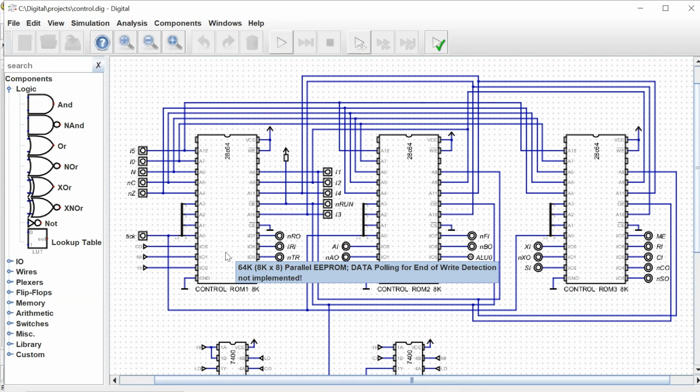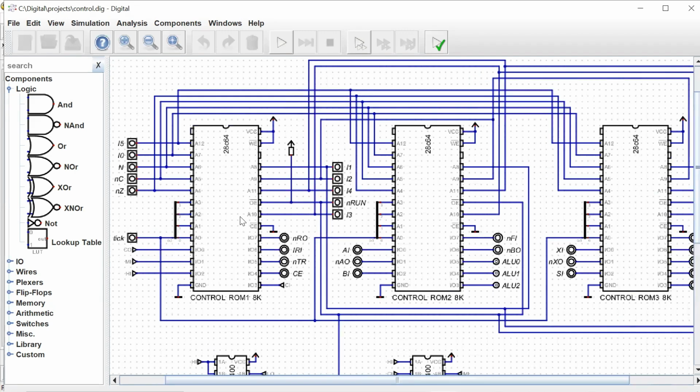For a given address, 8 control bits will come out from ROM 1. The next 8 control bits will come out from ROM 2. And then the next 8 control bits will come out from ROM 3, all for the same given address. Combining those together gives us our 24-bit control signals.